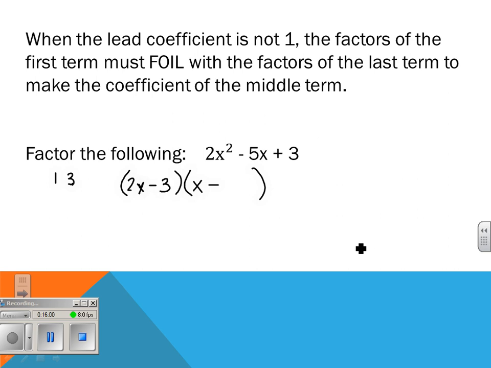How about if we put the negative 3 here and the negative 1 here? Now inside, we have negative 3x. Outside, we have negative 2x. Those two do give us the negative 5x. So then, here's your set of factors. Here's your answer.